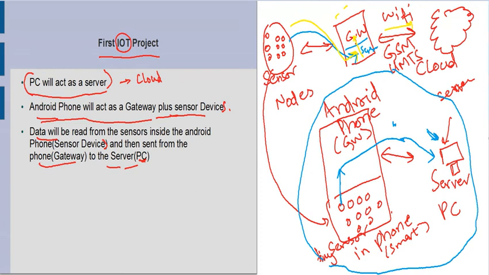So in our case, because all of you or most of you have Android phones or iPhones, if not, you can get one from some friend, and I hope all of you 100% have a computer as well.